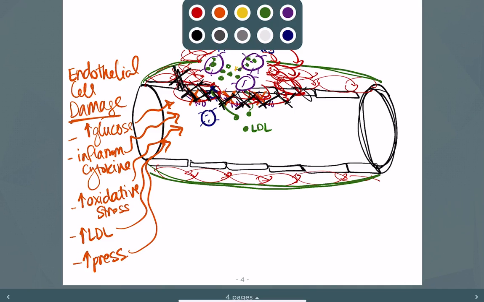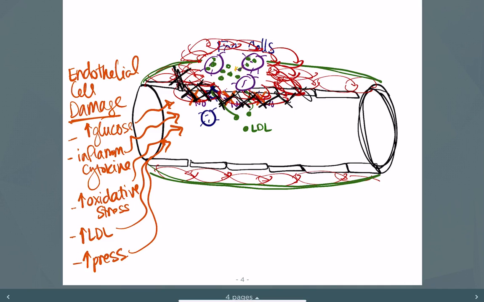And they live inside of this area, which we call the plaque. So we have a lipid core surrounded by vascular smooth muscle cells and extracellular matrix.